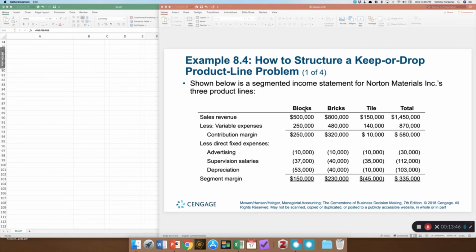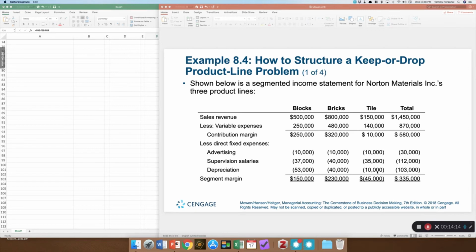And the roofing tile has a contribution margin of $10,000, but there are direct fixed expenses associated with this roofing tile, including advertising, supervisor salary, and depreciation. And it looks like the roofing tile is losing $45,000. However, depreciation doesn't go away.